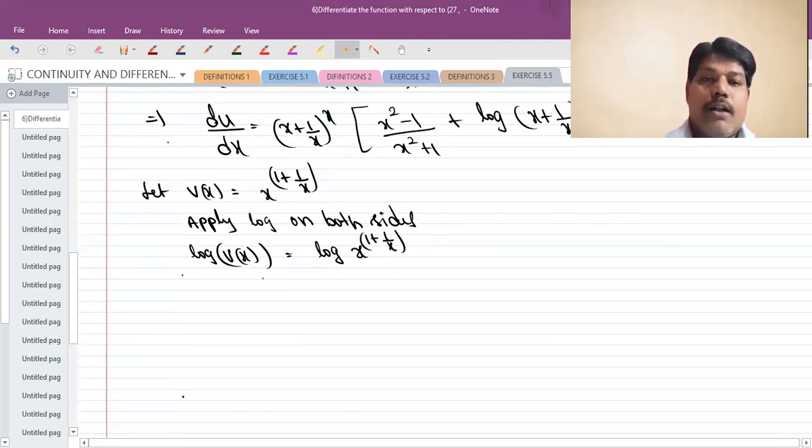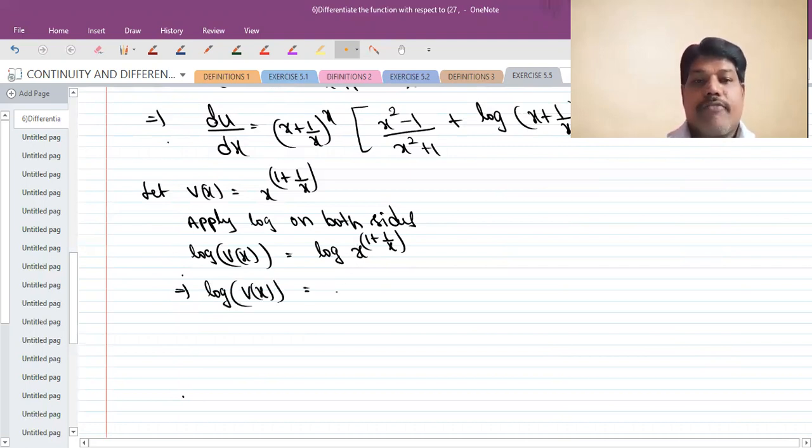That implies log v of x is equal to, taking the power in front, since log of x power n can be written as n log x, here 1 plus 1 by x into log x. Now just apply differentiation on both sides.